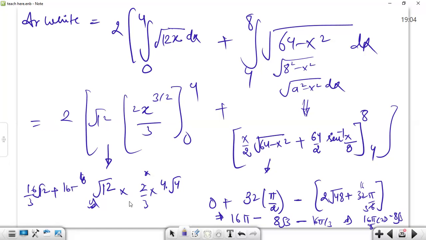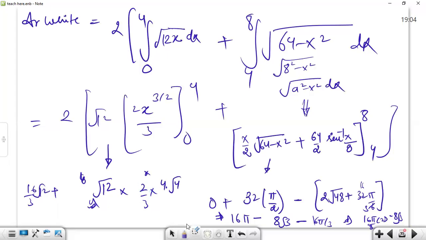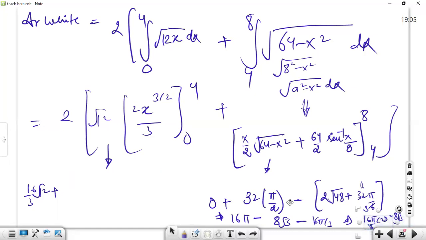Let me erase. 8 root 3. So this was it. We have solved the bracket and let's multiply it by 2.